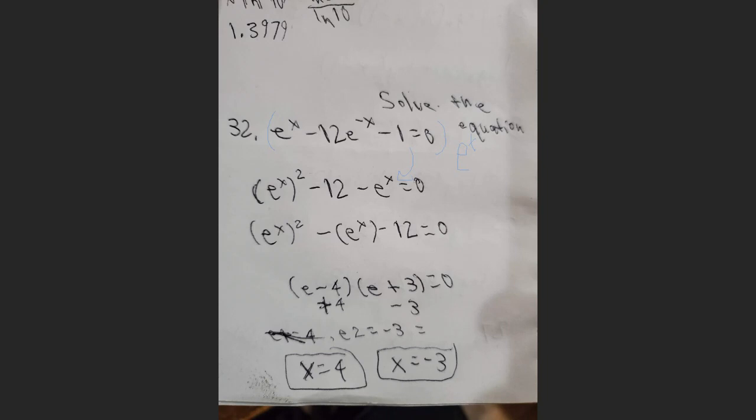Negative 1 times e to the x is negative e to the x. 12 e to the negative x times e to the x is e to the 0, which is 1, so you get negative 12. And e to the x times e to the x is e to the x squared. So from the first line to the second line, you multiply everything by e to the x.